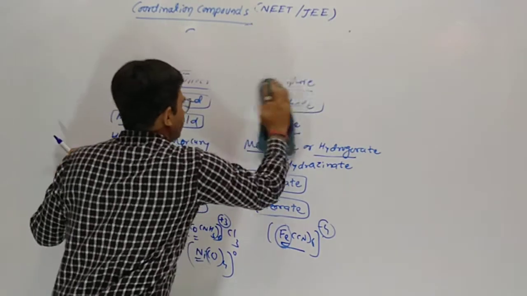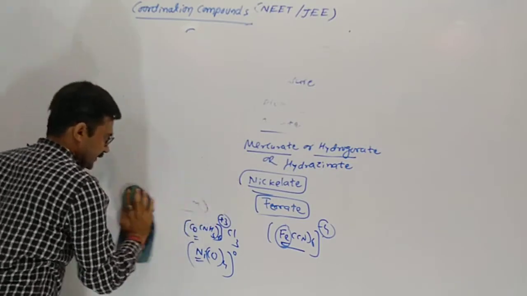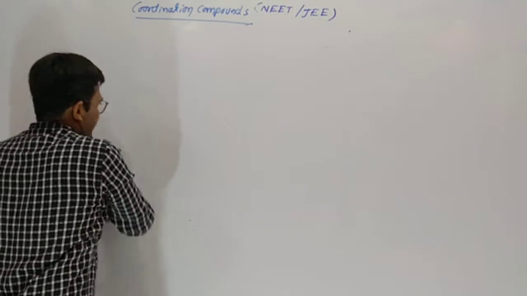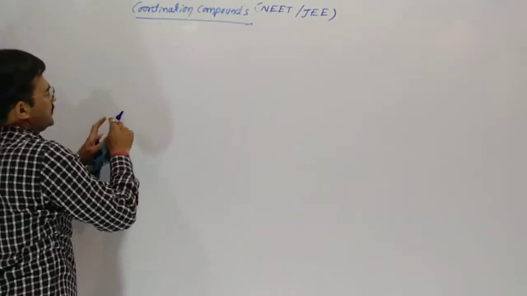Now we are going to geometrical isomerism.